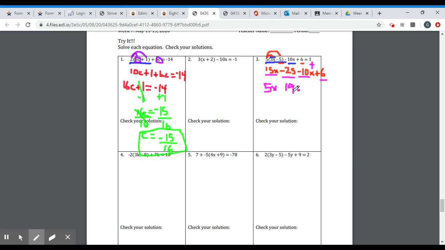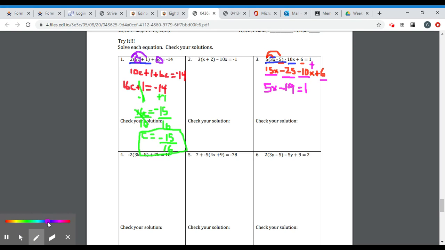And which is the bigger number? The negative 25. So it's going to stay negative, or I could just put minus 19. So once I distributed my property and once I combined my like terms, I'm left with 5x minus 19 equals 1.